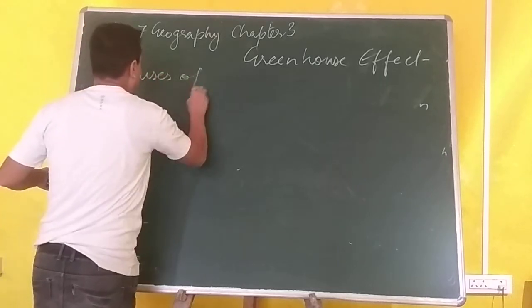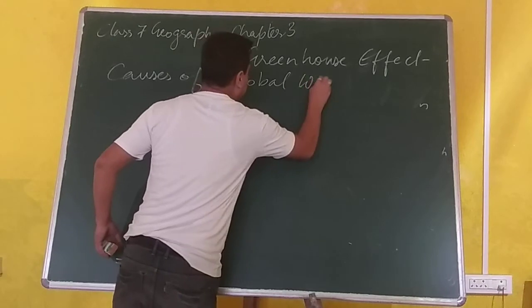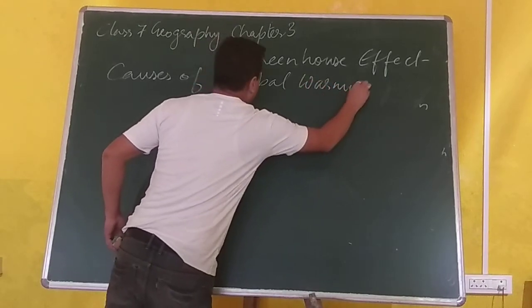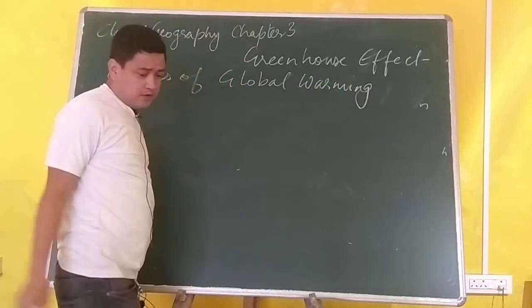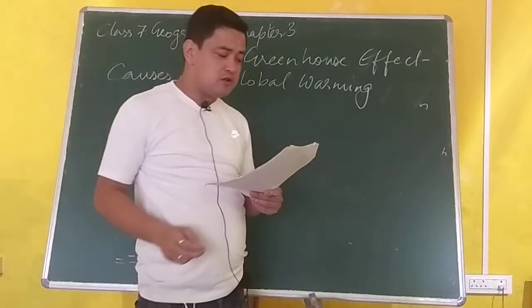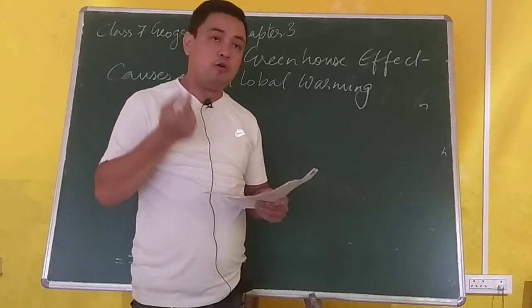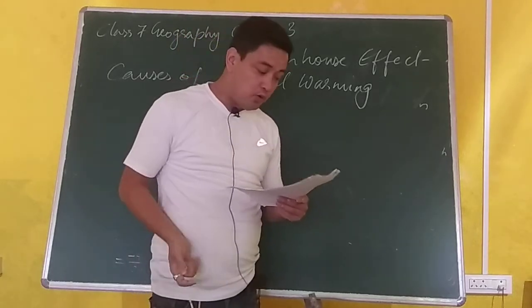Now, what causes global warming? Okay, global warming is caused by eating away of the ozone layer, or ozone depletion, or shrinking of the ozone layer.